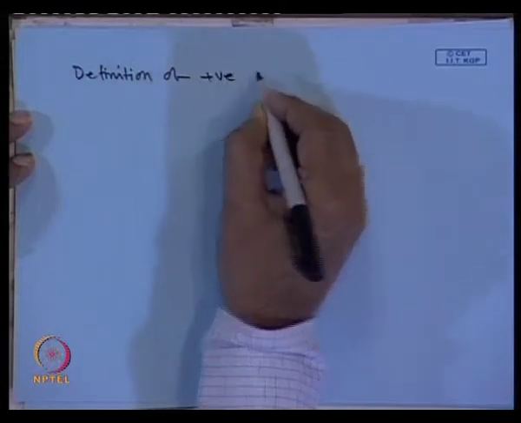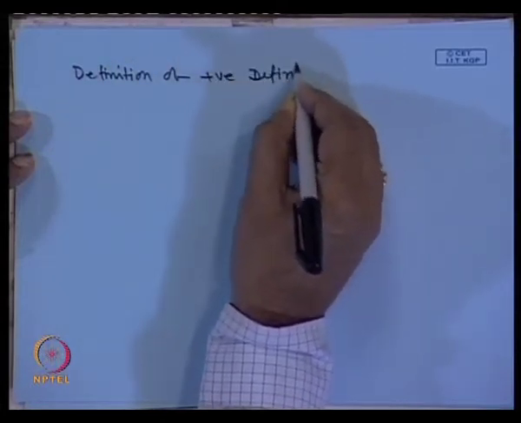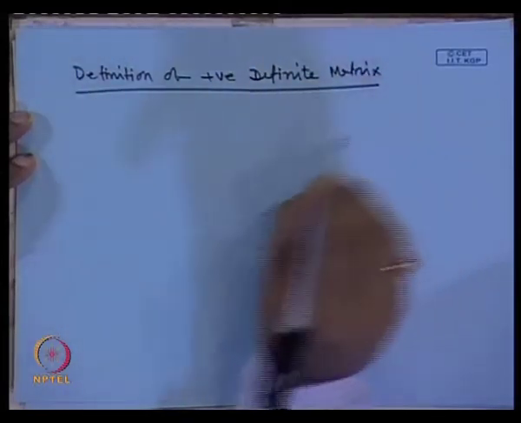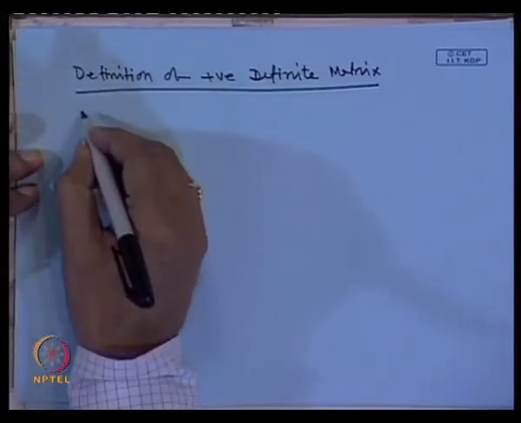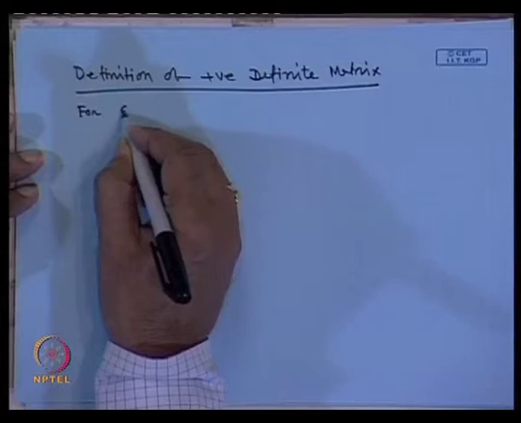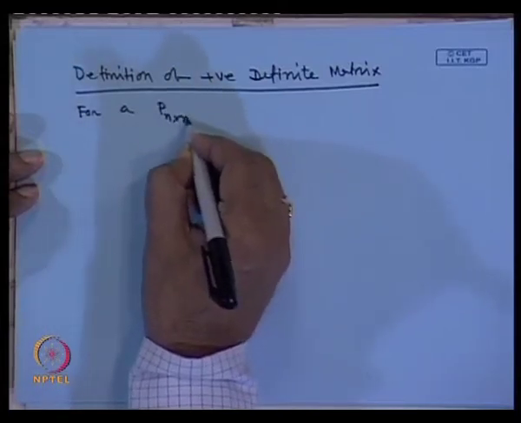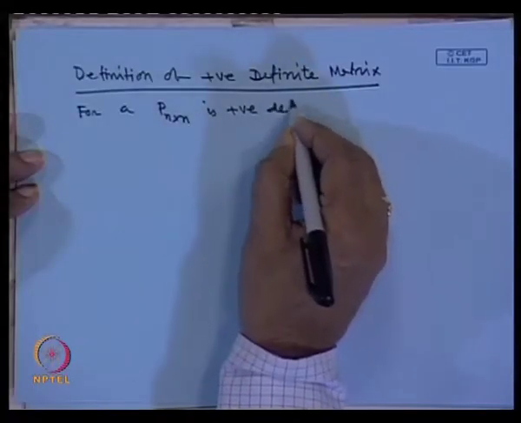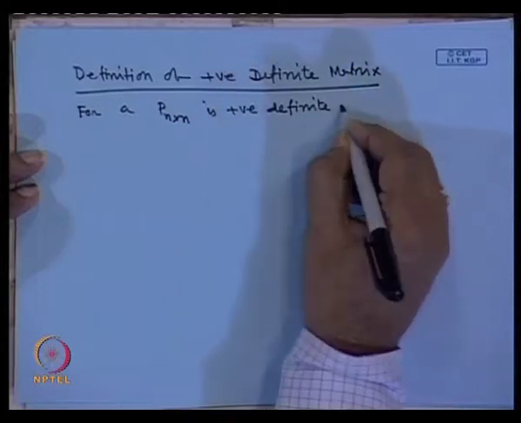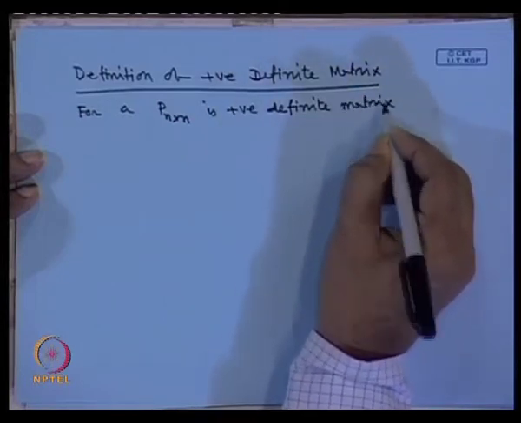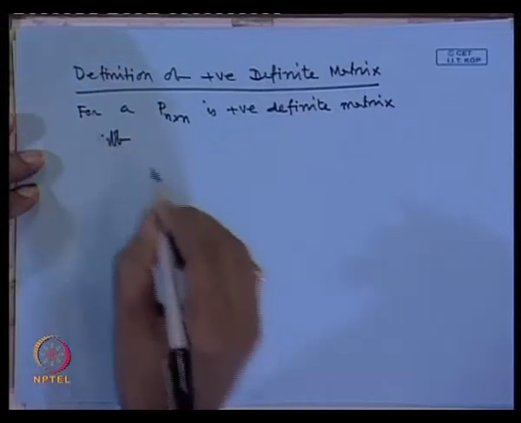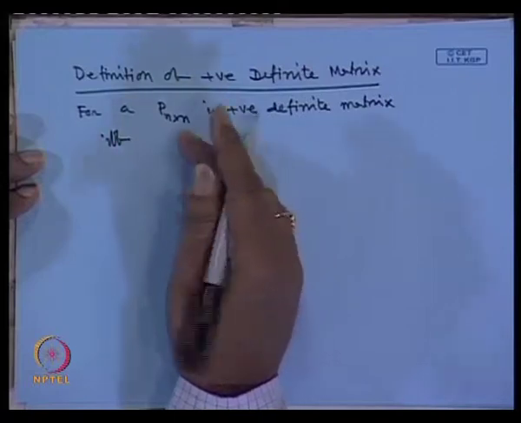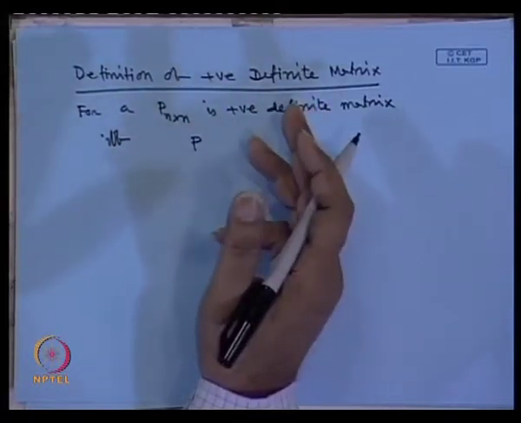Definition of positive definite matrix. Let us say P, which is an n cross n matrix, is a positive definite matrix if and only if you multiply it by x, whether P is a symmetric matrix or non-symmetric matrix.